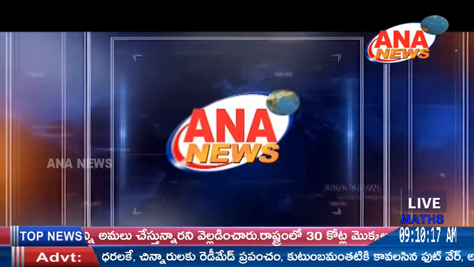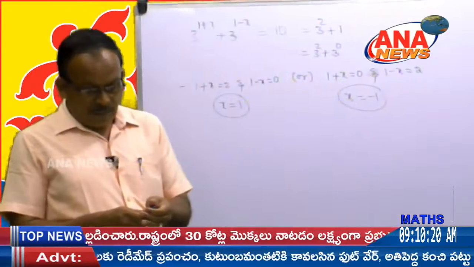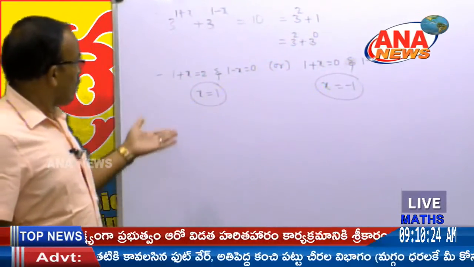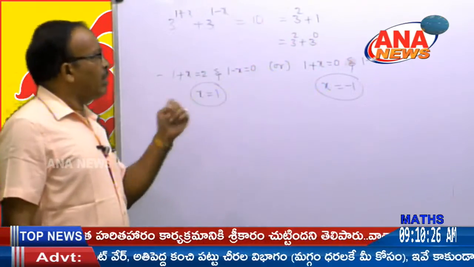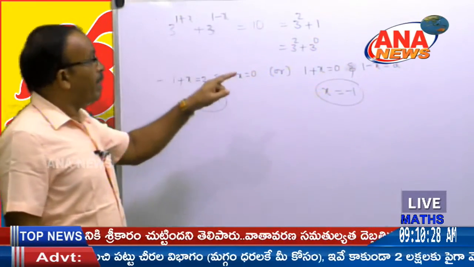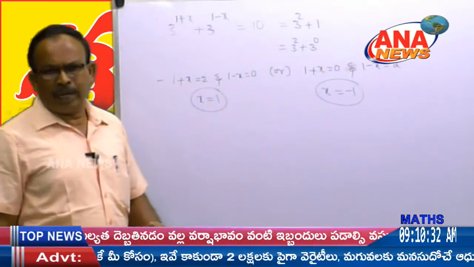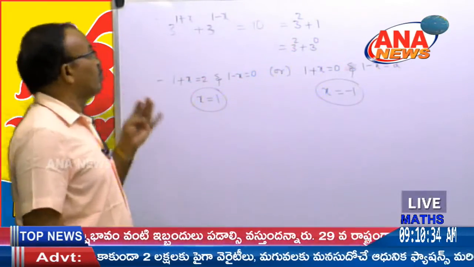Okay students, welcome back to our class. Here x is equal to 1 and x is equal to -1 in this equation by the easy method. But as per procedure, how to solve that?